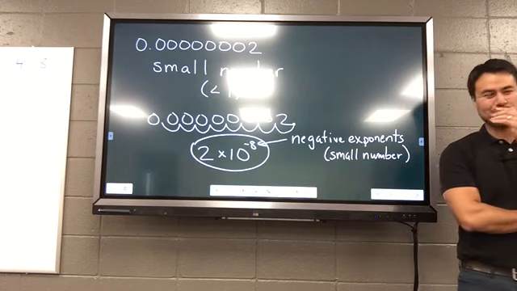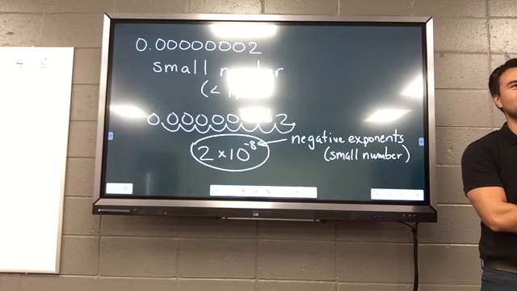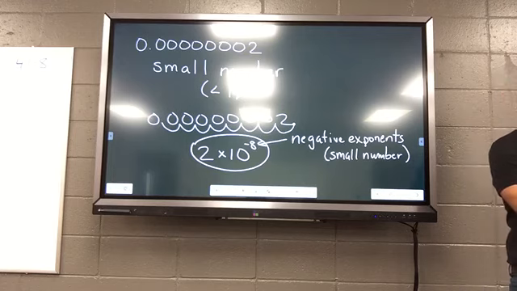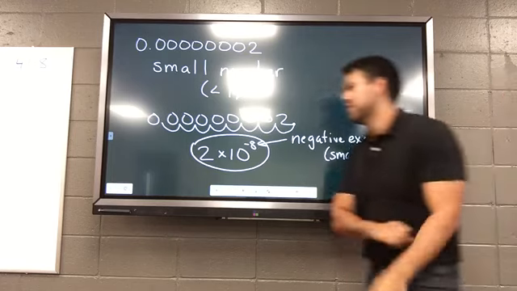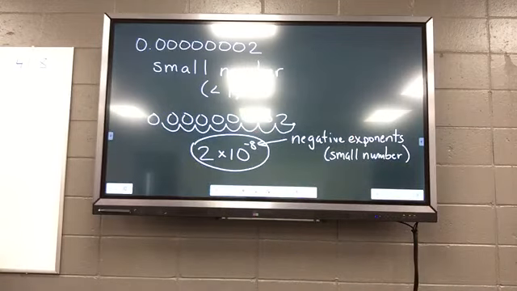Let me answer it in a little bit, but I'm a little confused about the positive negative part. Guys, you already knew this. You already know that positive exponents are large numbers and negative exponents are small numbers. Positive exponent? What's 5 to the second?